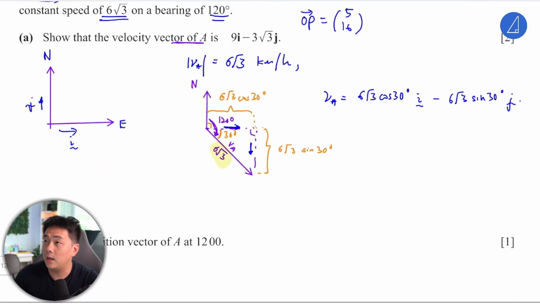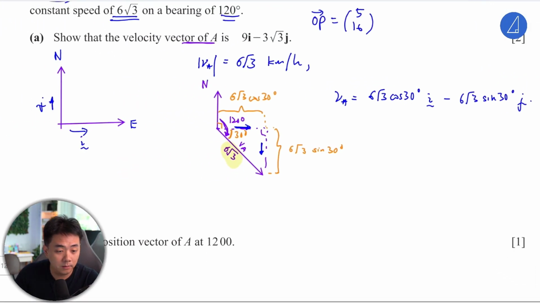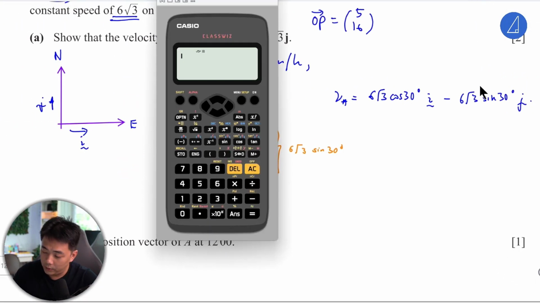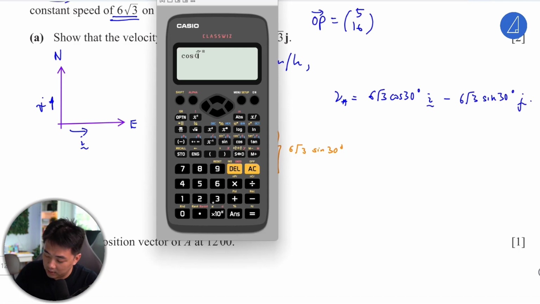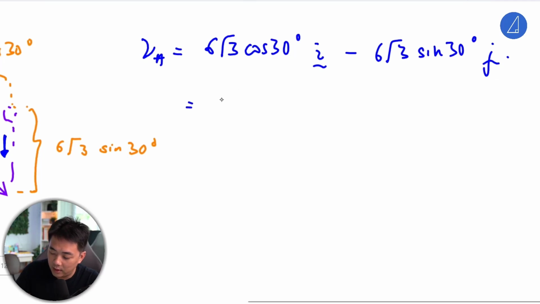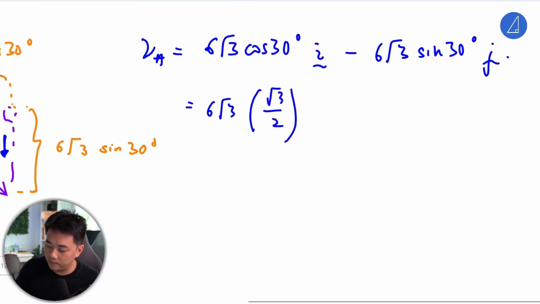Now cosine 30 is root 3 over 2. If you're not too sure, you can square cosine 30 to get 3 over 4, so the original value is root 3 over 2.